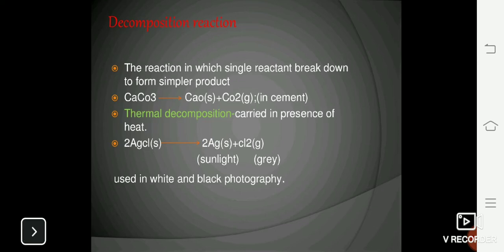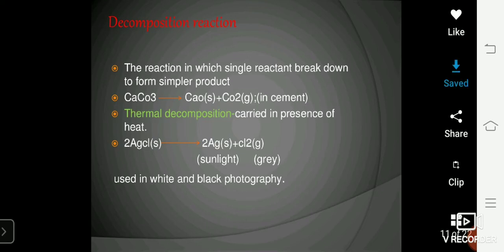Now, decomposition reaction is further classified into three categories. The three categories are thermal decomposition, that means decomposition due to heat, photolysis or photochemical decomposition. Please remember, photolysis, the other name of the same reaction is photochemical decomposition. And the third one is electrolysis or electrochemical decomposition.